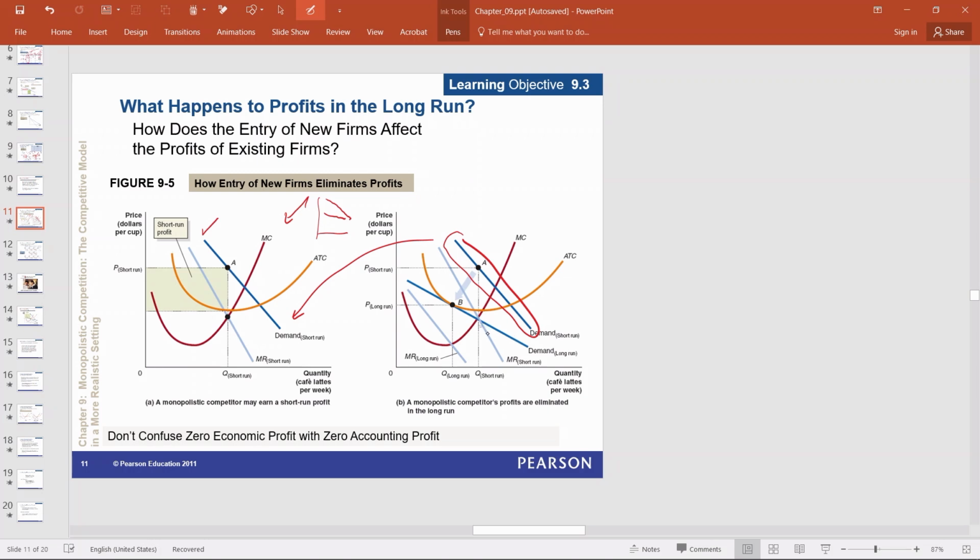And in the much farther long run, this curve could also go to resemble the demand curve in a perfectly competitive market. So it perfectly flattens. So this is the idea. The more we go in the long run, the more the demand curve flattens.